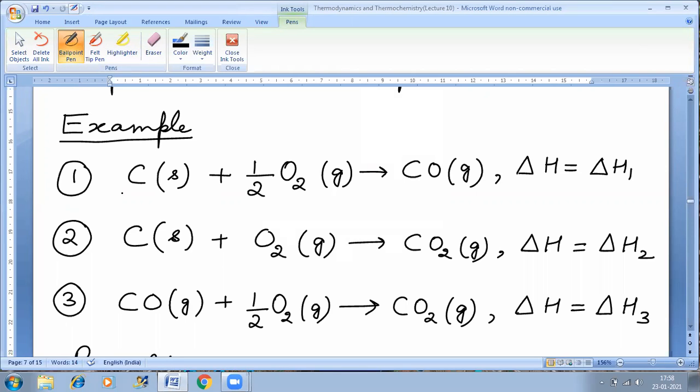Now, if I make use of Hess's law, just look at reaction 1 and reaction 3. Can I say, if I add reaction 1 and reaction 3, I'll get reaction 2?